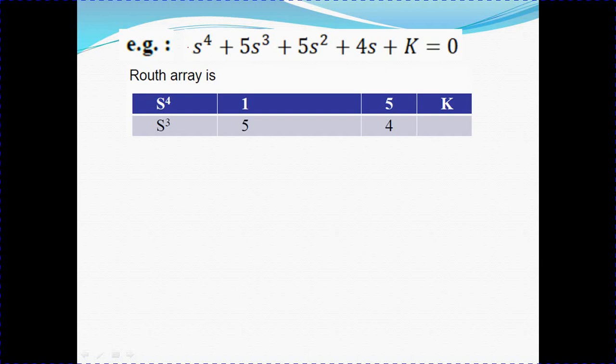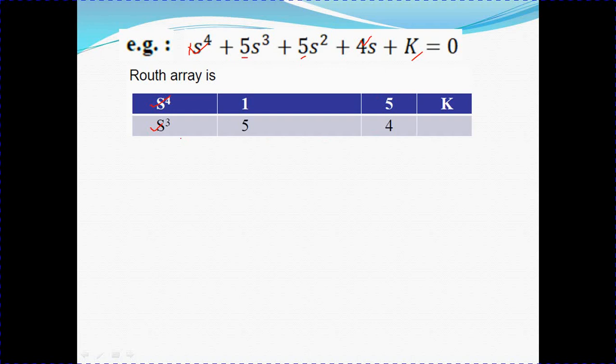The highest power of s is s to the power 4, so that will form the first row, and the coefficients are 1, 5 and K. Similarly the second row will be s cube, and the elements of this row will be the second-term coefficients, that is 5 and then 4. So these two will constitute our second row.